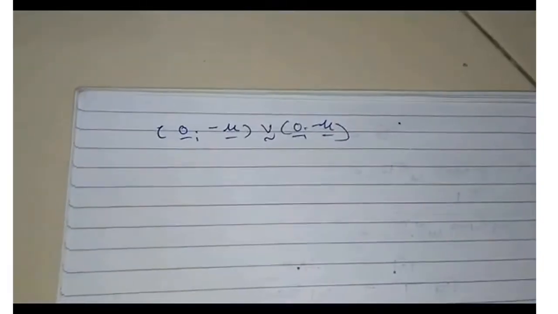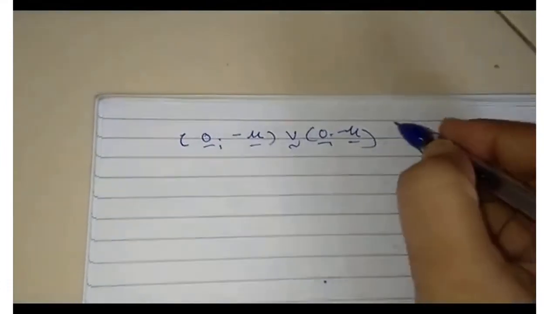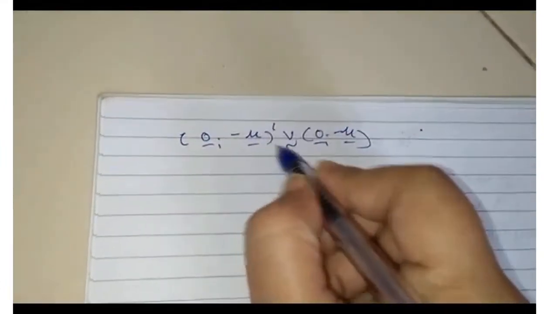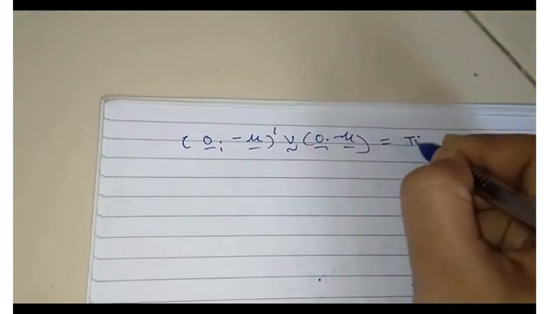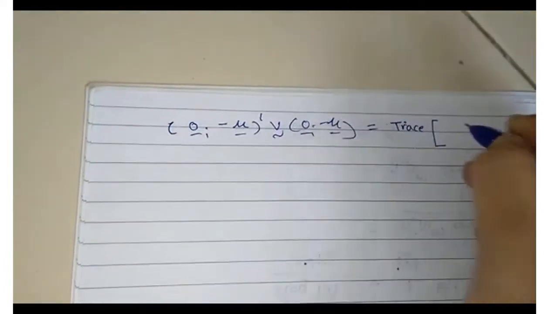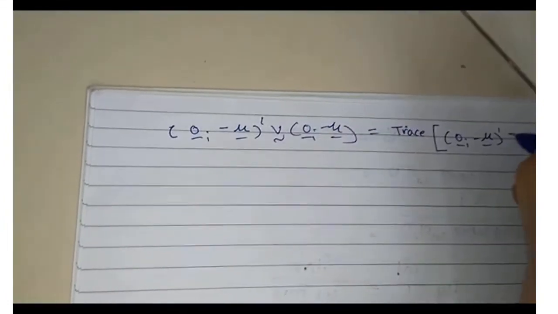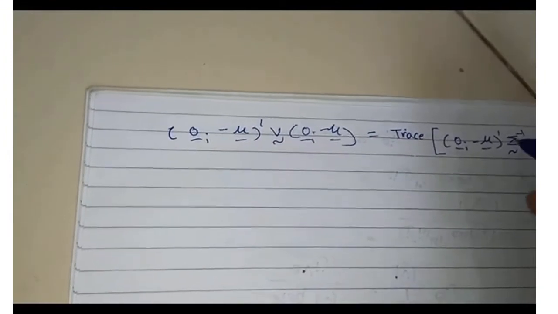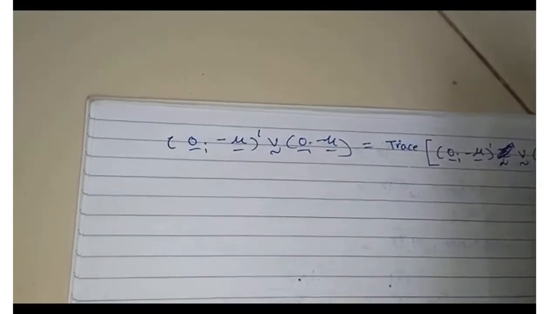Now this I have to differentiate with respect to V. We know that y minus mu prime V y minus mu is of order 1 cross 1. So since it is 1 cross 1, I can write it as the trace of itself. So it can be written as the trace of y minus mu prime sigma inverse, which is actually V, I'm sorry, we are writing it as V, y minus mu.